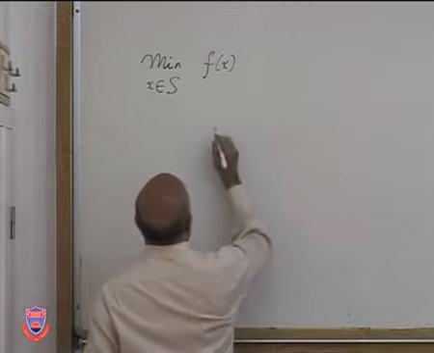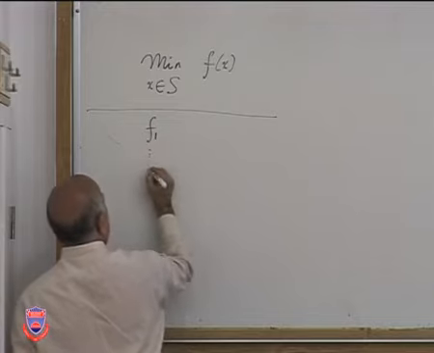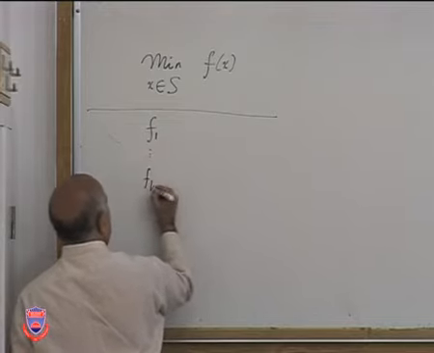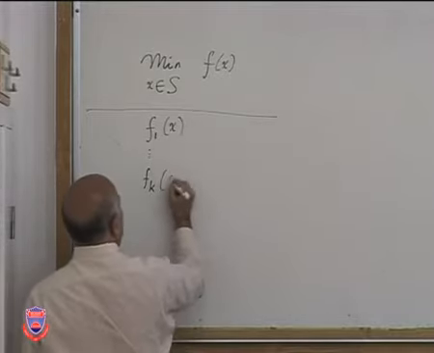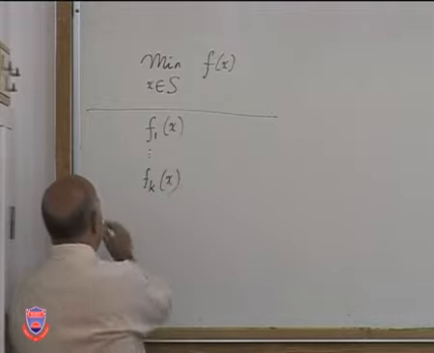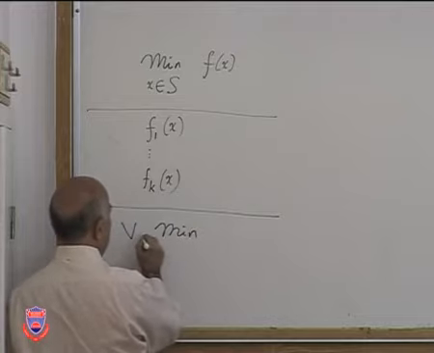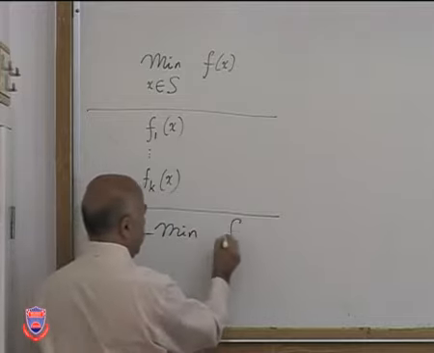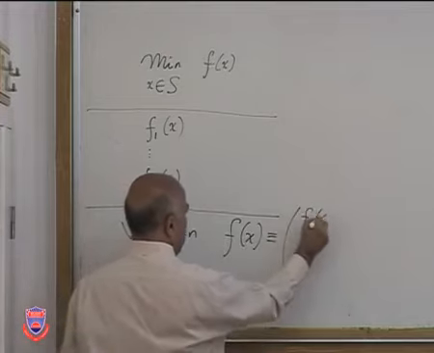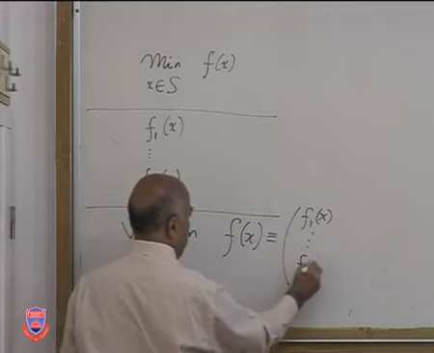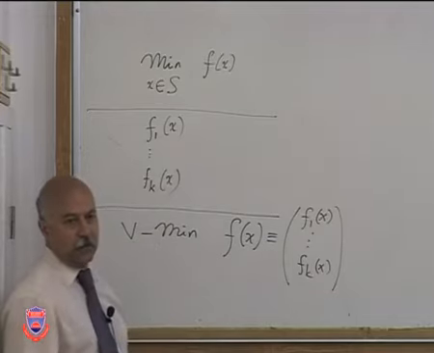For this reason, when you have f functions related to many different optimizers, say k optimizers, and you're trying to choose a single x, the problem under consideration is not a simple minimization, but a vector minimization problem. You're minimizing the vector function f of x defined by this. Now, the meaning of vector minimization is quite different from the regular minimization.